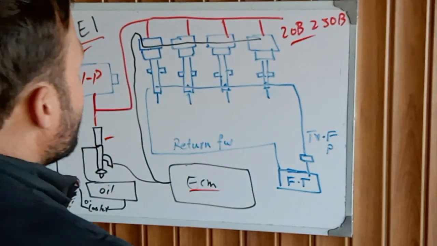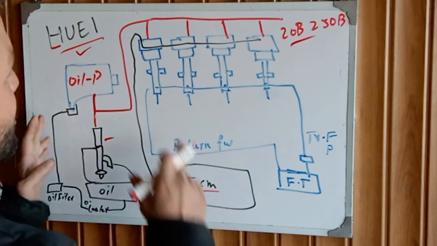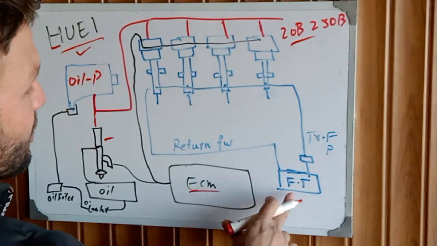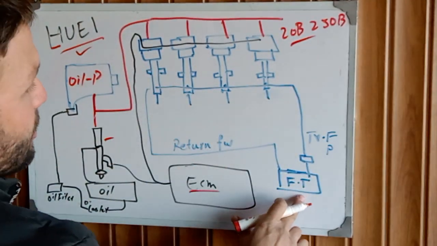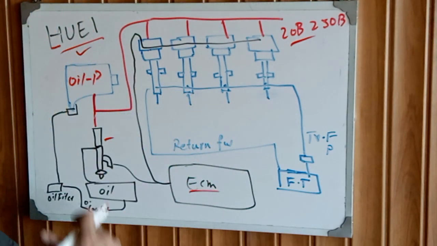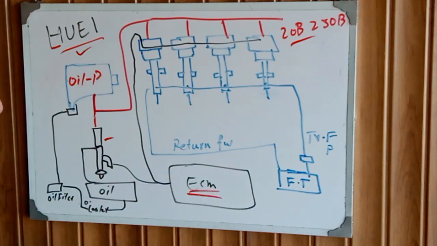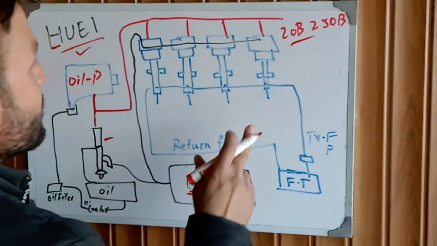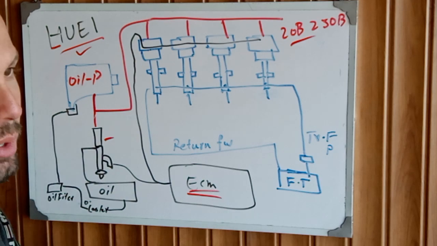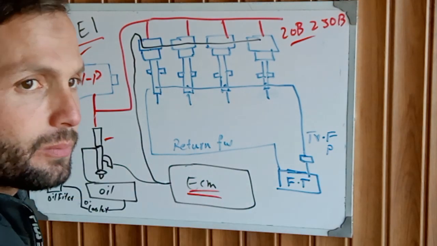Let me explain the complete circuitry. Oil is pressurized in the injector lines. Diesel is sent to the injector lines. Then this ECM is sensing through the camshaft and crankshaft sensor which injector and which piston on top dead center needs to be fired now.